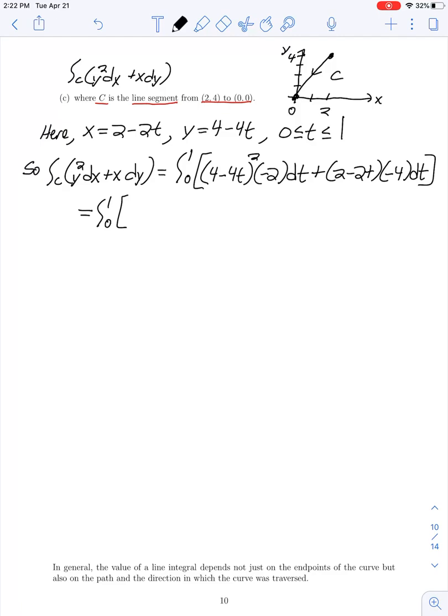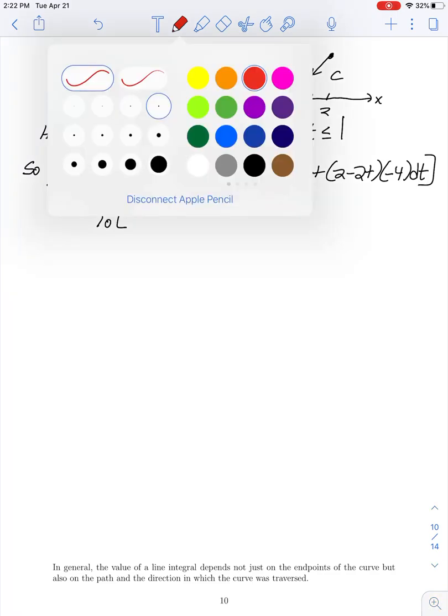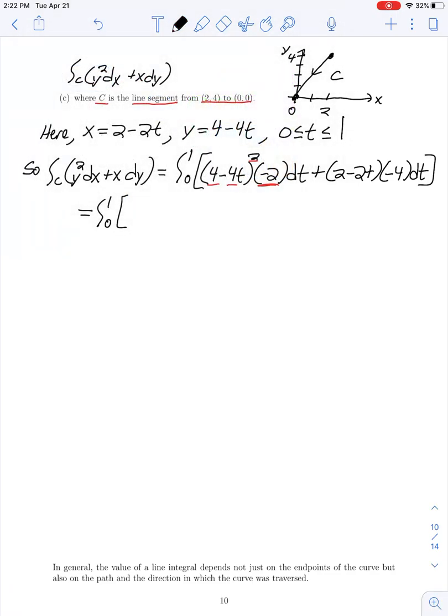So let's see how I want to do this. We could proceed in the following way. From this first term, where I have (4 - 4t) quantity squared, I can factor out a 4, but remember it's being squared. So here we're actually factoring out a 16 times this -2 term. So 16 times -2 would give us a -32.